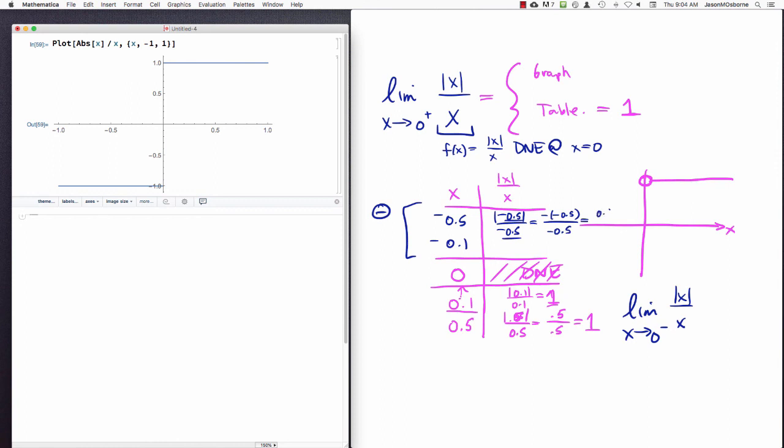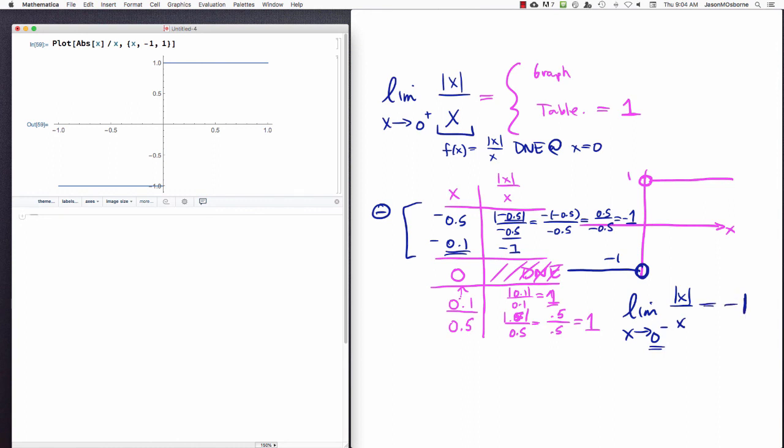So that would be 0.5 over negative 0.5, which is equal to negative 1. And when you put in negative 0.1, you will also get negative 1. So this function is undefined at 0, it's negative 1 when x is less than 0, and the function is positive 1 when x is greater than 0. So the limit as x goes to 0 from the left of this function is negative 1.